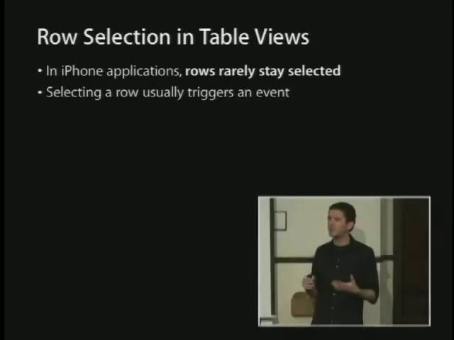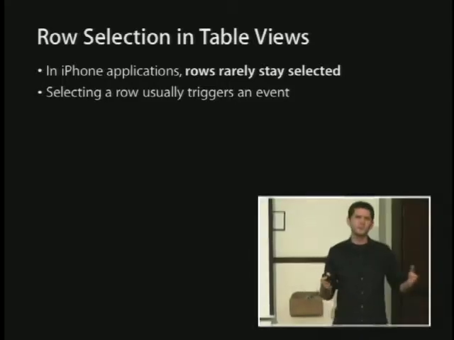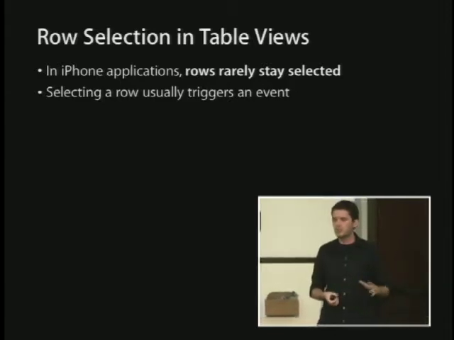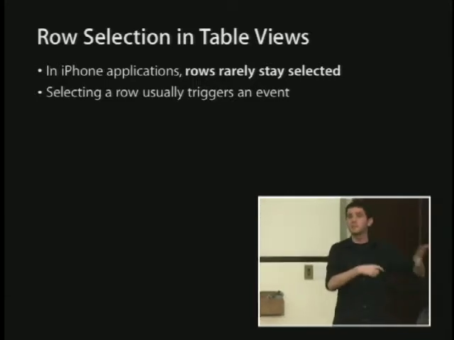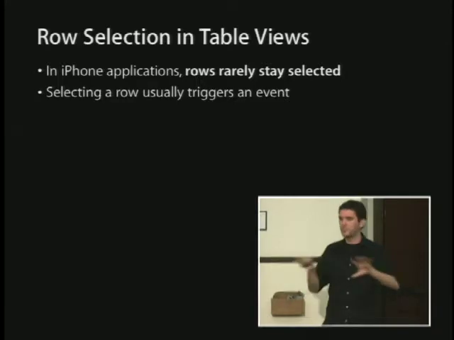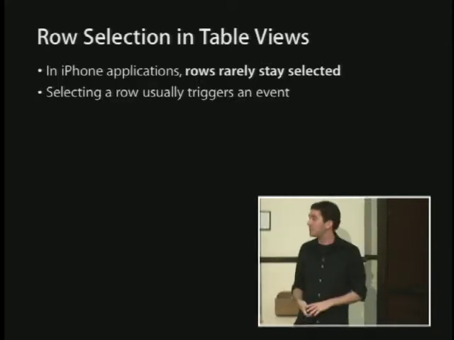Selection in a UI table view, unlike selection on NS table view or really most other desktop equivalent type objects, tends to be, on the desktop it tends to be more of a persistent thing. You would select an object and then perform some operation on it. On the iPhone OS with UI table view, selection is generally not a persistent thing. It doesn't usually remain selected after you've tapped it. You usually fade the selection out and perform an action, or you slide it off screen and then fade it out when it slides back.